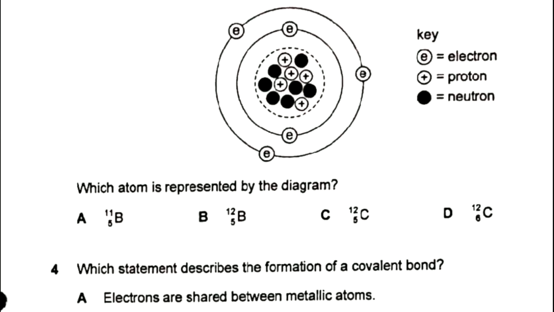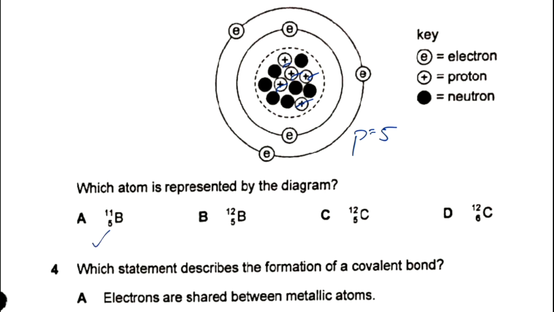Next. Which atom is represented by the diagram? We count the number of protons. It's 1, 2, 3, 4, 5. P equals 5, right? So look at the periodic table. I have it with me. Let me check. Periodic table number 5 is boron.